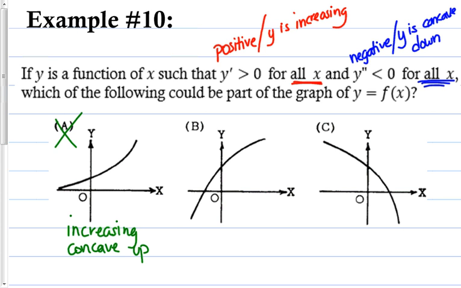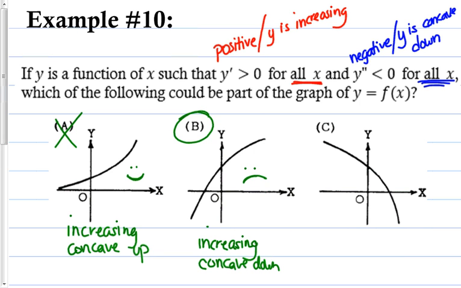So no. B. Definitely increasing. And it's concave down. Everywhere, right? Looks like a little bowl. Whereas A looked like, sorry, an upside down bowl. Or A looked like a right side up bowl. Or a happy face and a frowny face. So B might be my answer.